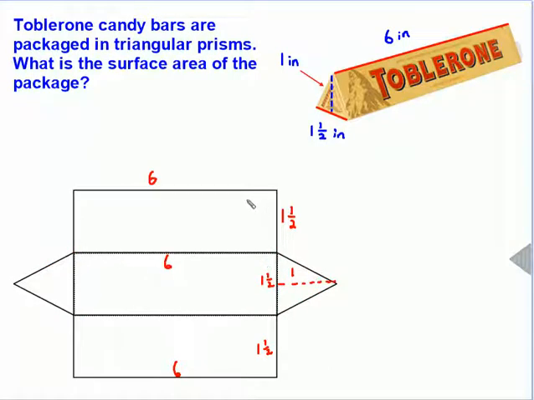All right, so let's find our areas. First we have to multiply length times width to get the area of all three of these, right? They're all the same, so I'm only going to do it once. Length times width is equal to 6 times 1 1/2. So now we have to do some fraction multiplication. 6 is just 6 over 1, right?